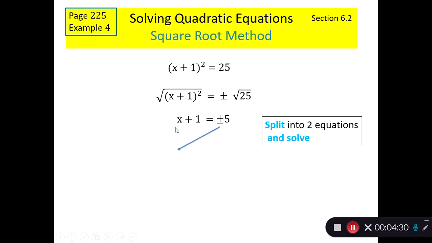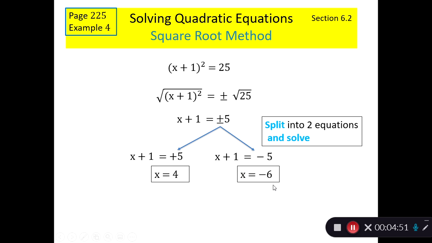Meaning, you're going to have x plus 1 equals positive 5, and you're going to have x plus 1 equals negative 5. And then you're going to solve them. And here you're going to subtract 1, and you're going to get 4. And here you subtract the 1, and you're going to get x is negative 6. So 2 answers, x is 4, x is negative 6.